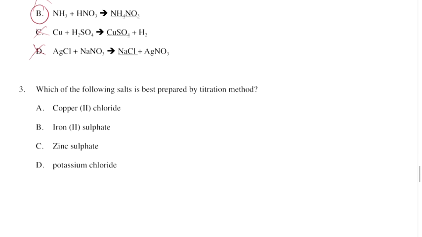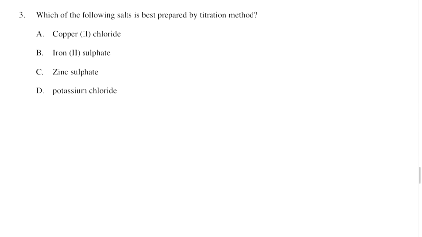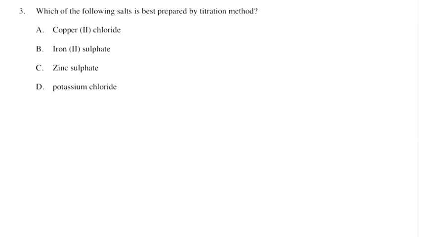And the last one, which of the following salts is best prepared by the titration method? Okay, so only group 1 metal salts, the salts that contain sodium, potassium, and ammonium ions, need to be prepared by titration. All the other soluble salts can be easily prepared by adding excess solid and filtering it. So no need to use a titration, and titration is not practical for those ions.